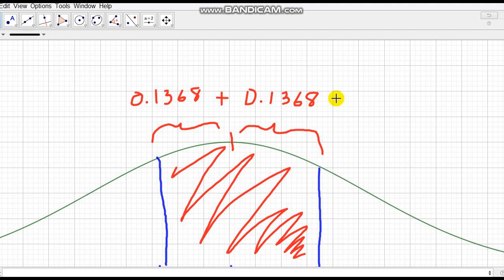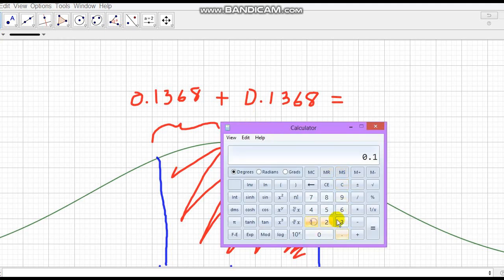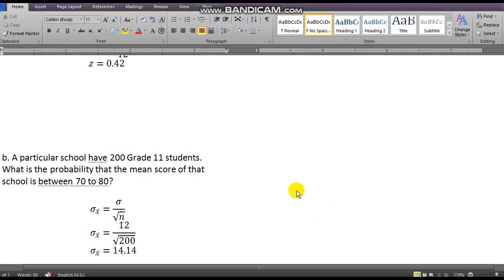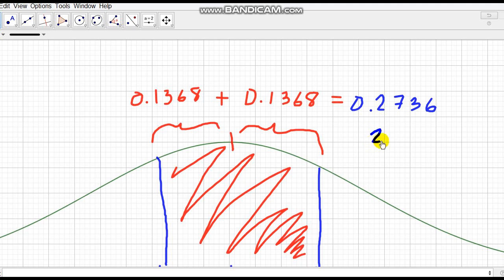We're just going to add them up so that we can get our answer. 0.1368 plus 0.1368 is equal to 0.2736. Therefore, the probability that the mean score of that school is between 70 to 80 is 0.2736, or 27.36%. So that's how we go around in solving word problems involving the sampling distribution of sample means.